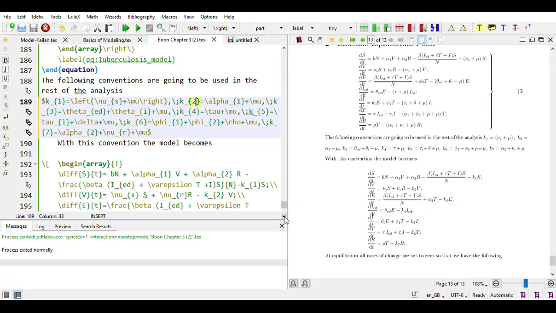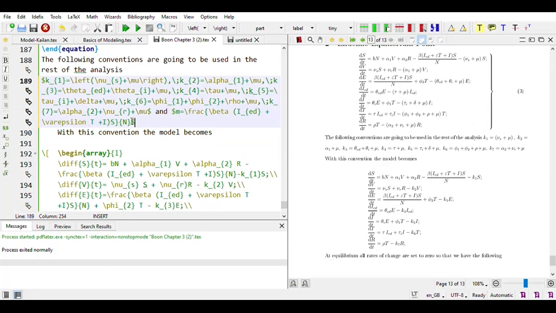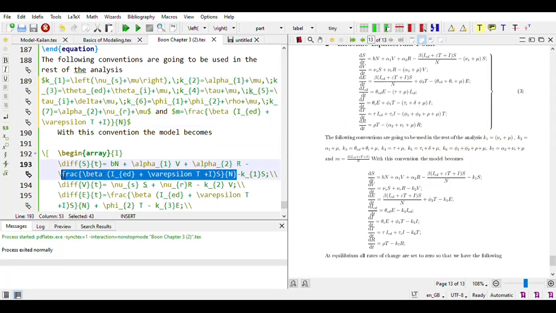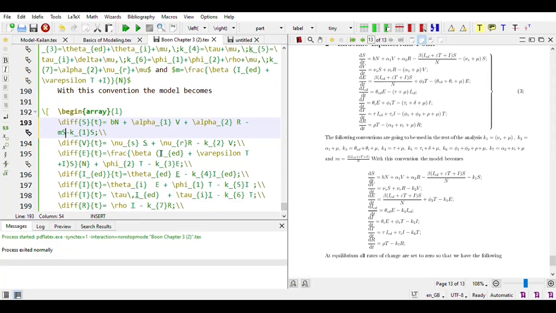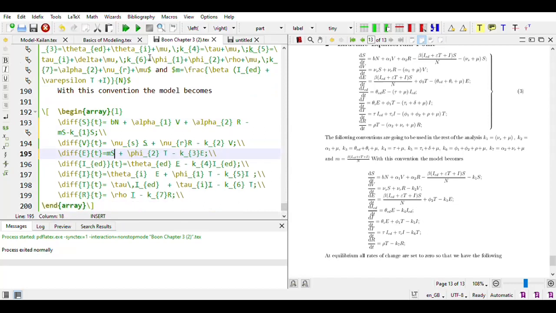So if we set that expression to m, in place of the force of infection we can put m times S there. In a similar manner, we can put m times S_c inside here, that is in the expression of E. So that's going to have all of this times m S, and so we have this expression.